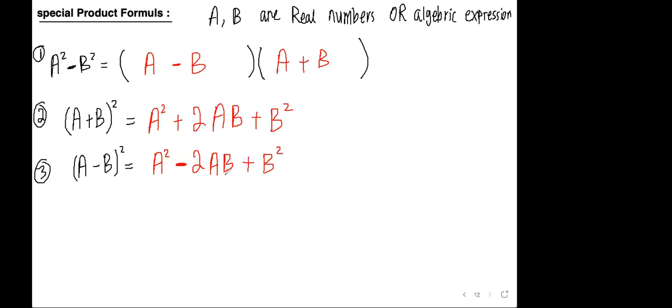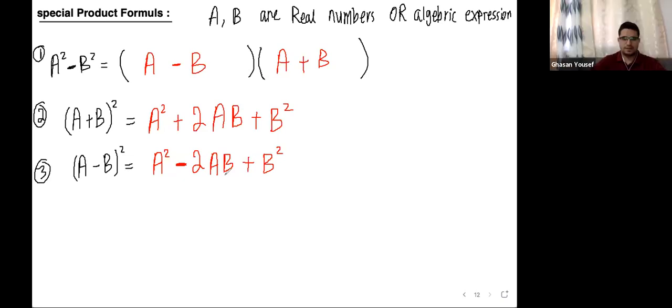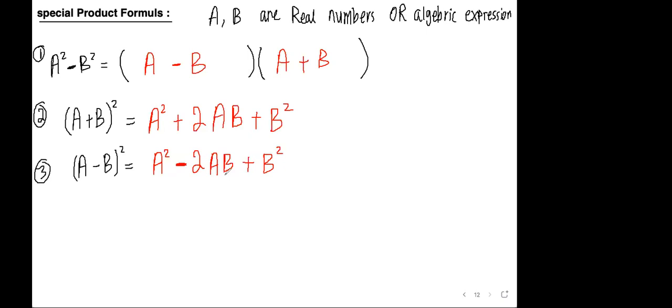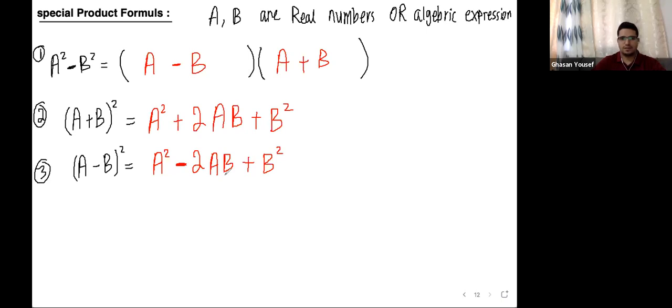If you can't remember this, you can just expand it out and see. You multiply a plus b times a plus b, and you will get the same answer.